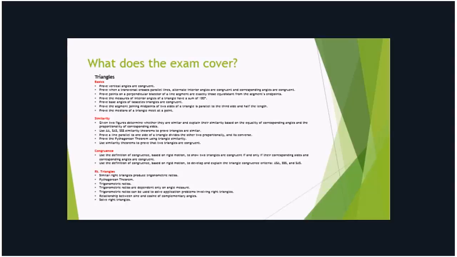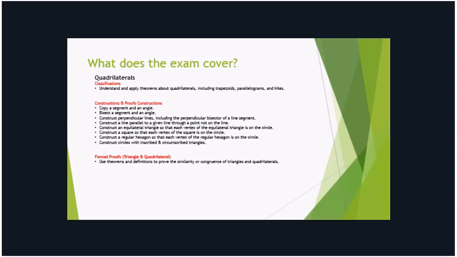I'm just going to give you a general idea: a basic understanding of a triangle, triangle similarity, triangle congruence, and the introduction to right triangles, which is the basics for trigonometry. Quadrilaterals are your 4-sided figures, and it's broken down into 3 main topics: classification, construction and proofs, and then you do have formal proofs of both triangles and quadrilaterals.